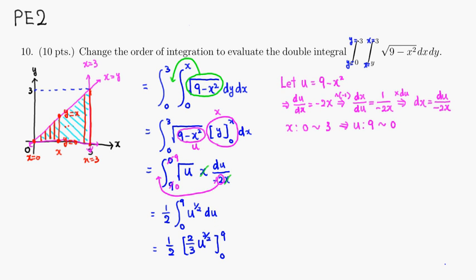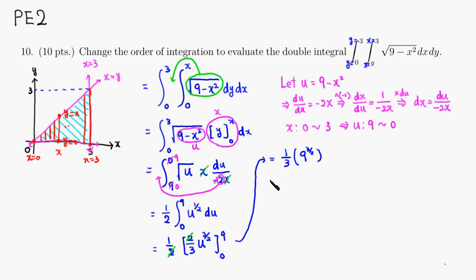You can cancel 2 on top and 2 on the bottom, and pull out 1/3, a constant outside. And you put in 9 to the 3/2 power.